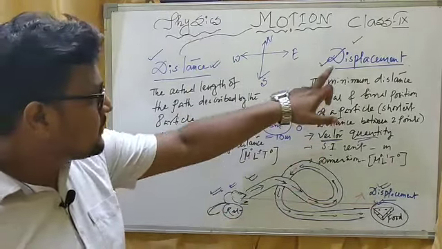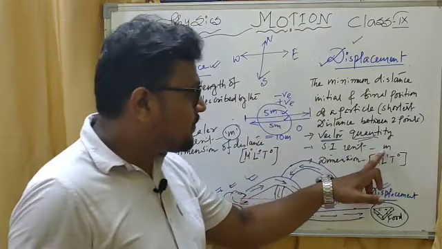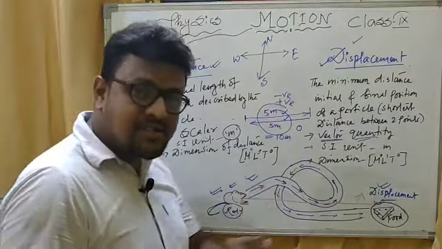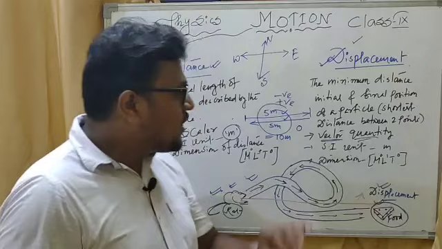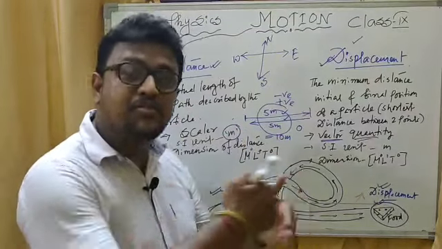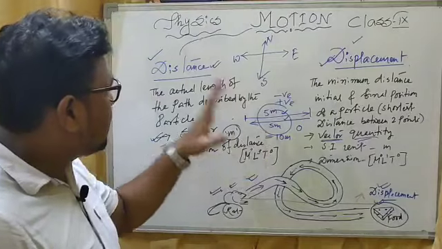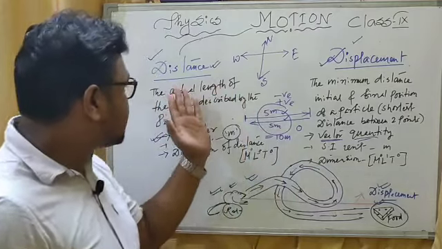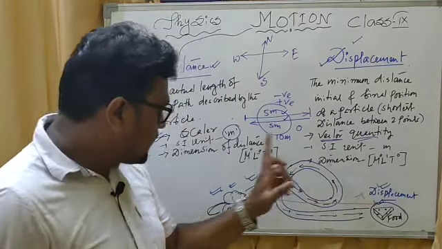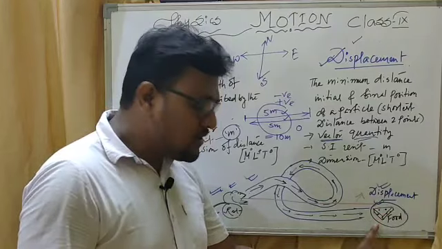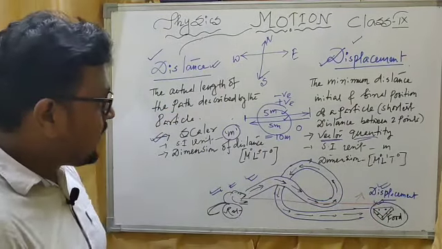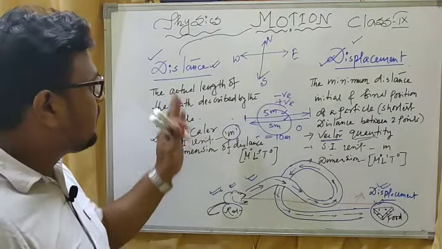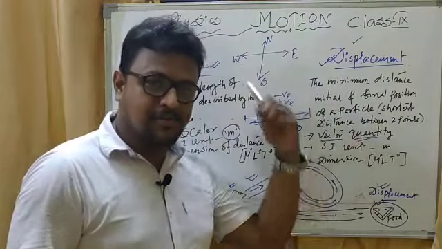The unit of distance and displacement is the same, meter. The dimension is also the same. The basic difference is that distance can never be 0 and displacement can be 0 when it has an opposite direction. Clear? Distance is the total actual path covered by an object, and the shortest distance between the initial and final position, with proper direction, is displacement. I hope everyone understood the basic concept of distance as well as displacement.